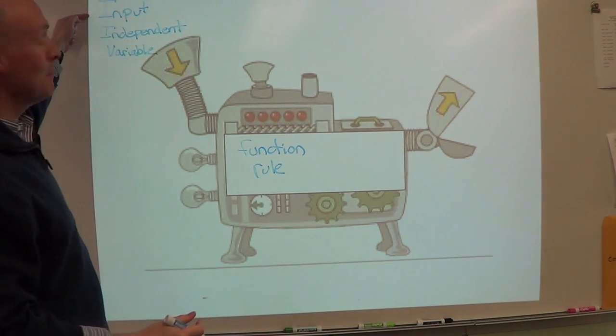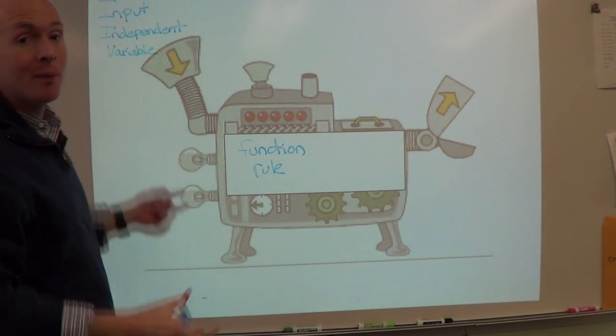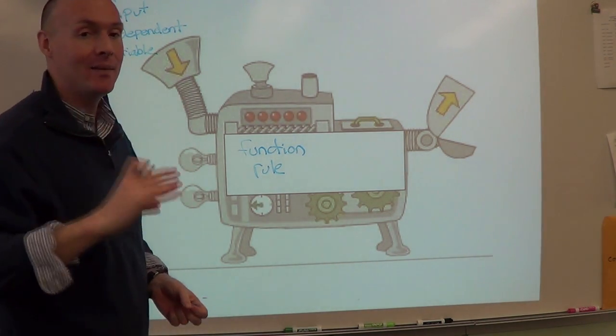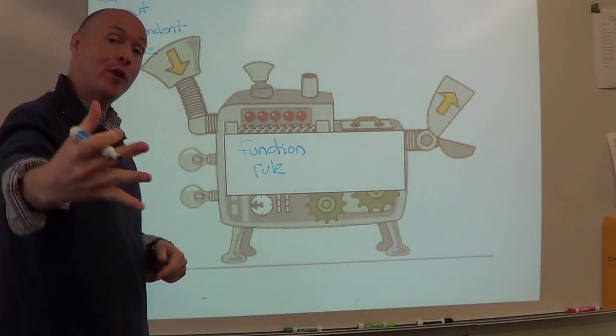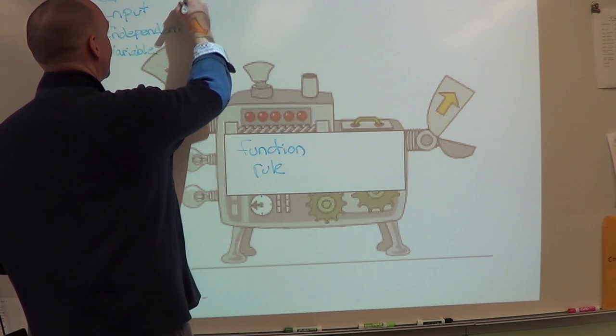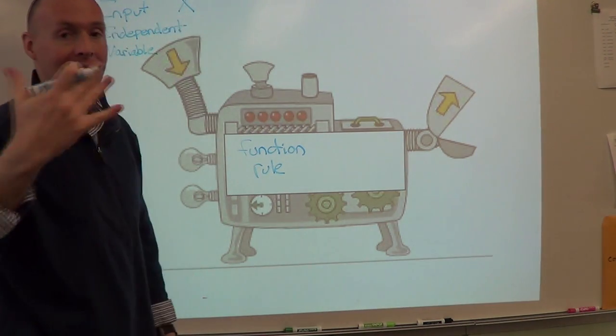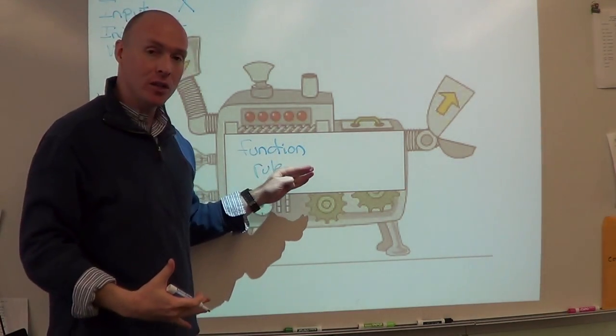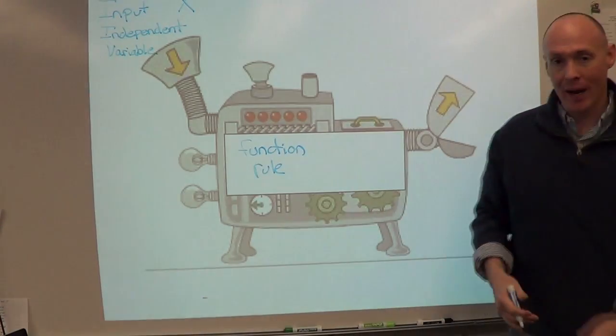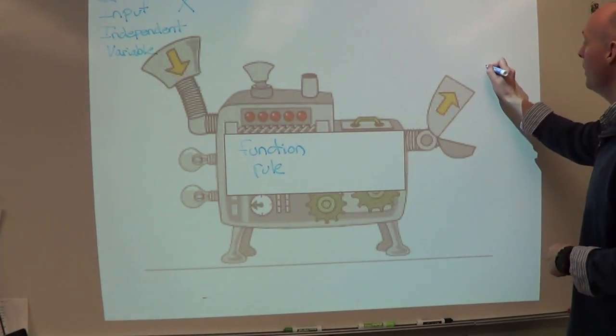Get it? Input, independent variable. They both begin with IN. That's just a little trick to remember it. I'm also going to give it a third name. I'm going to call it X. So our input goes in here, hits our function rule, and then at the other end we have our output.